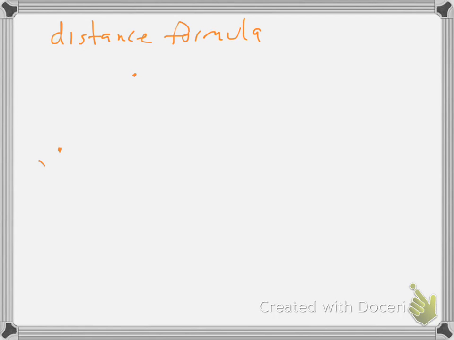If I call this one x1, y1, and this one x2, y2, and I want to find the distance between those two points, it's a straight line, yes? The shortest distance between two points is a straight line.